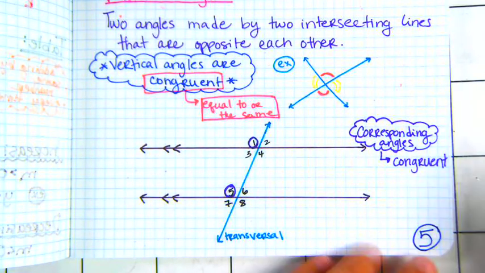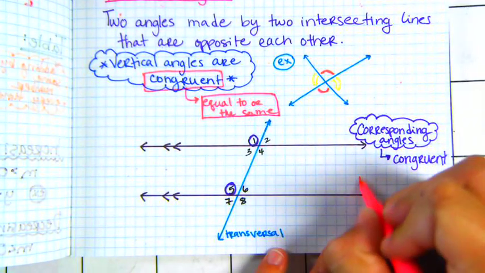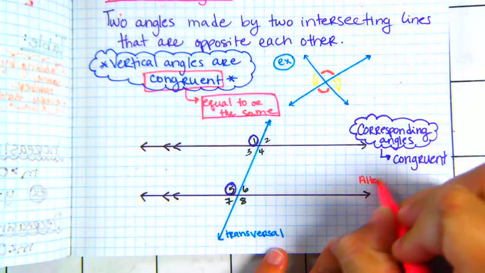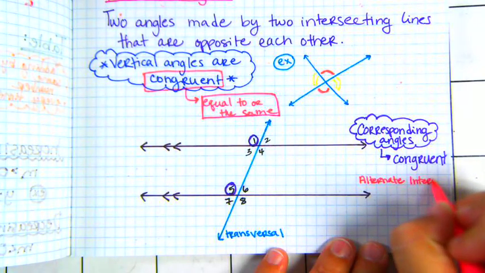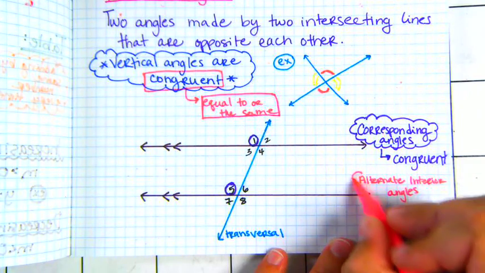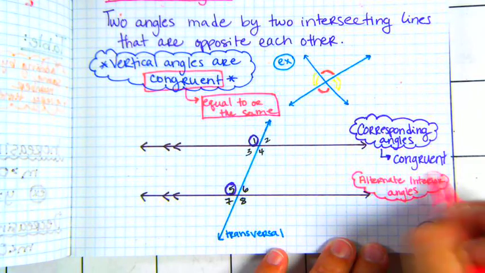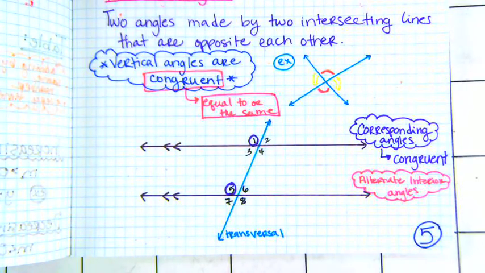Okay. The next set of angles we're going to talk about are alternate interior angles. And let's just break that down for a second. The word alternate means opposite or different. Interior means on the inside. So we have something different on the inside.